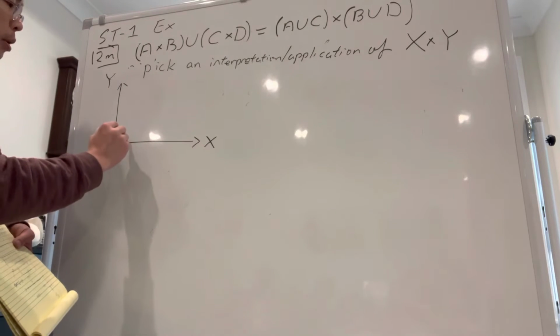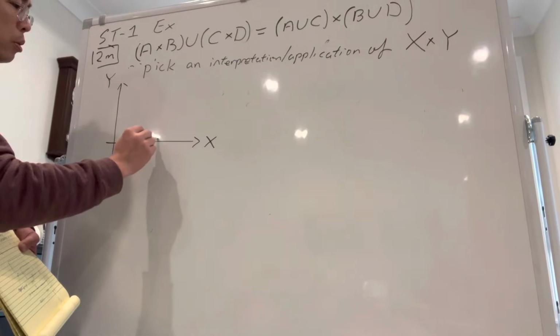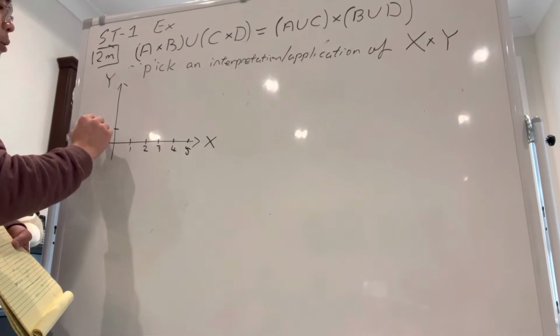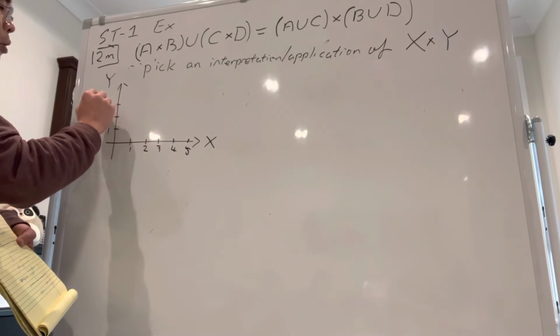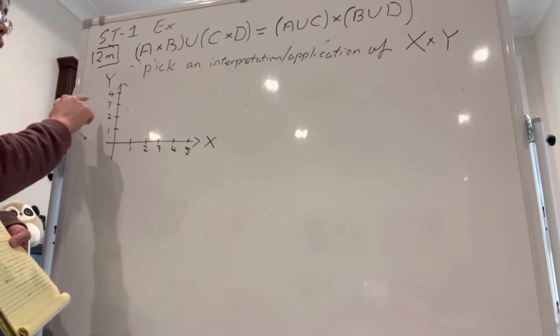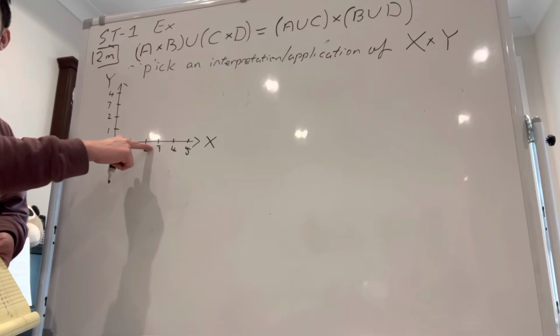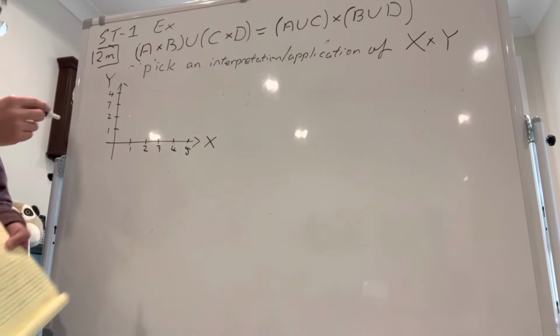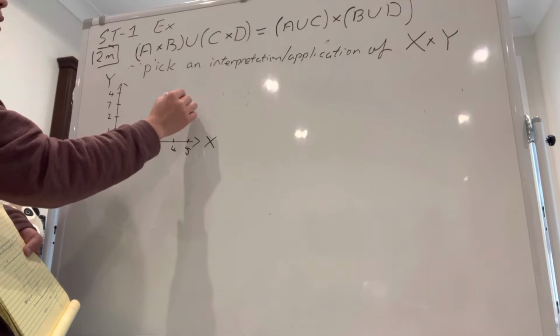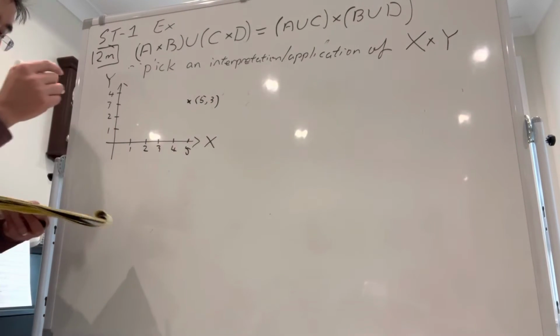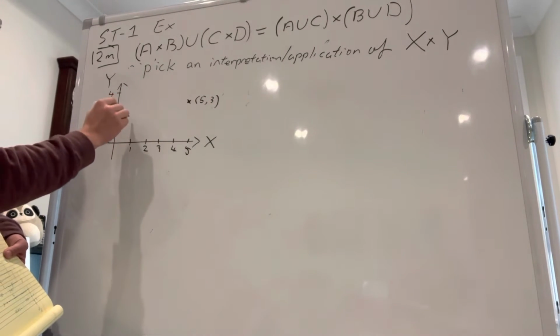And these are the numbers, 1, 2, 3, 4, 5. And similarly, 1, 2, 3, 4. This does not have to be a whole number, okay? You can have 1.5, you can have 2.5, okay? And then we'll say, well, this point here is what we call 5 and 3. And this one is 1 and 2.